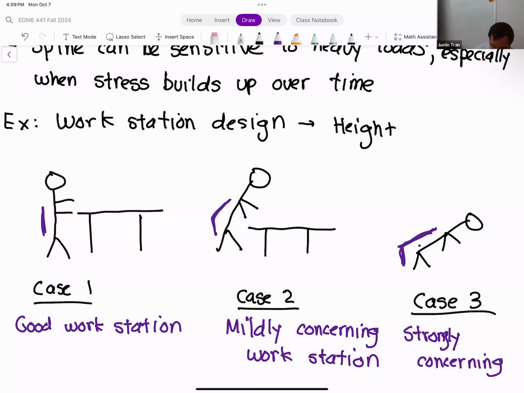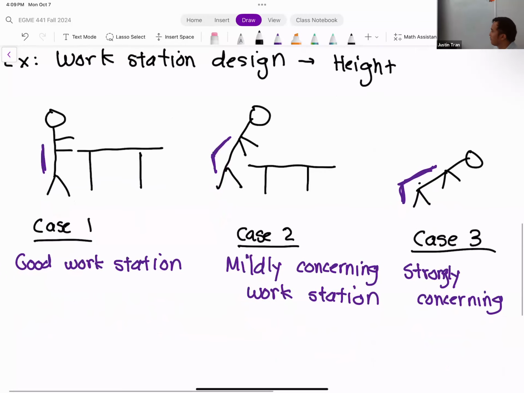Okay. So all 3 of these cases have one thing in common. In all 3 of these cases, the spinal erector muscle, in the back of your back, needs to engage in order to maintain this person's posture.